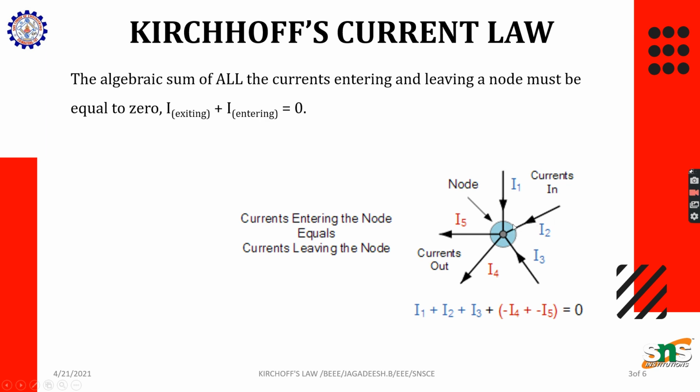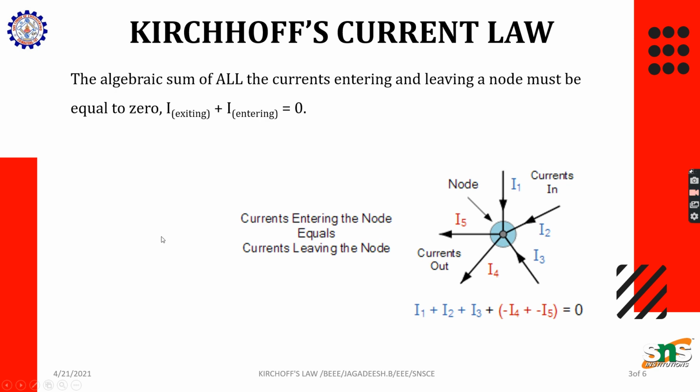Similarly, I2 is also an entering current, and I3 is also an entering current, but I4 and I5 are exiting currents, in other terms outgoing currents. Outgoing is mentioned as a minus value. So I1 plus I2 plus I3 plus minus I4 plus minus I5, the net result will be equal to 0. This logic can be applied to any DC circuit and we can determine the current.